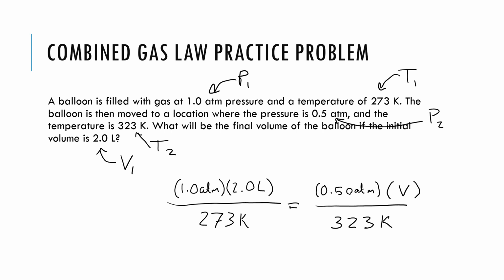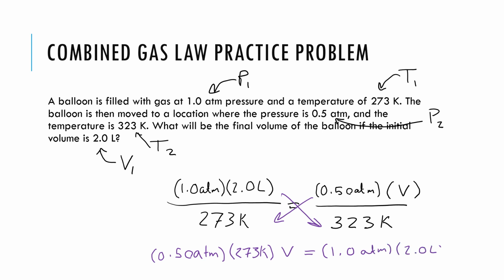Now, I talked about some of the steps you do to solve algebraically. If you wanted to do cross multiplication, we would cross multiply here, and then cross multiply here, and then solve algebraically. What we would end up getting is 0.50 ATM times 273 Kelvin times V equals 1.0 ATM times 2.0 liters times 323 Kelvin.